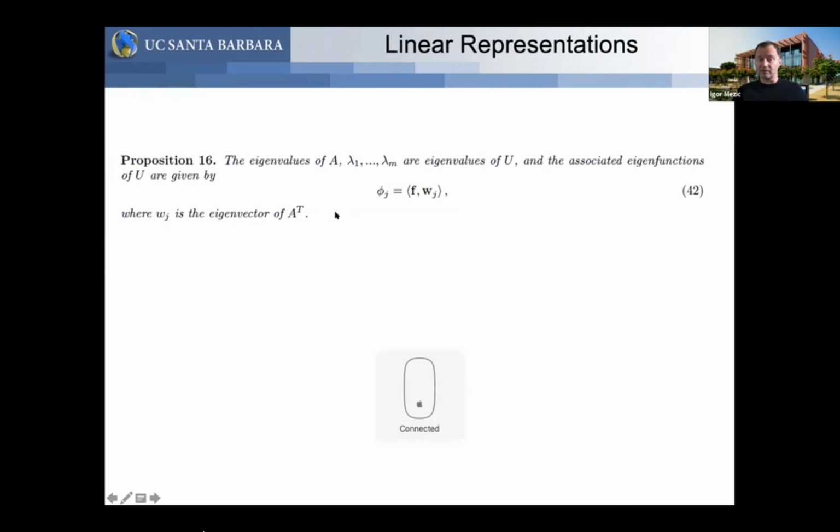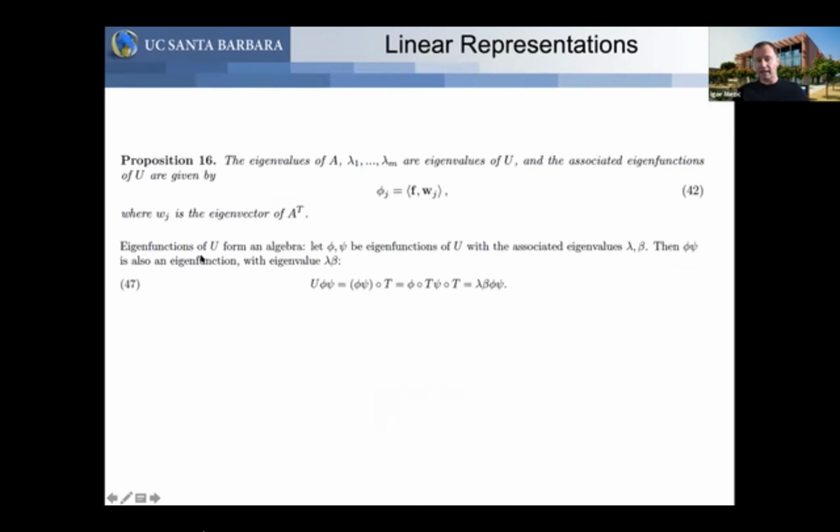For linear representations, using the representation itself and the fact that it's easy to find eigenfunctions of the Koopman operator for linear representations, you can find the eigenfunctions of the original system by just inner producting F, which, remember, is a function of M, with w_j, which is, of course, one of the left eigenvectors of the matrix A. So from linear representations with eigenmatrix A, you will find eigenfunctions, and in the same way, if you have generalized eigenvectors w_j, you find generalized eigenfunctions as well.